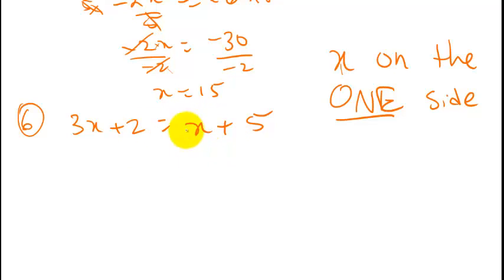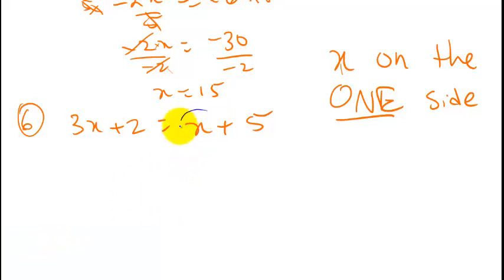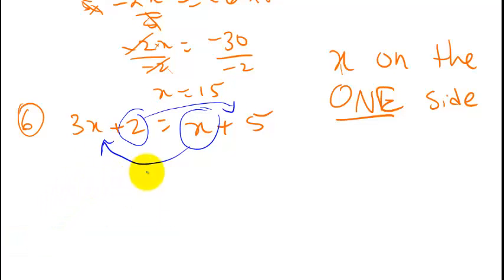So how am I gonna get rid of this x? But wouldn't that make it 1x? Wait, that's 3x. And I want to get rid of this x. I will take away x from this one.